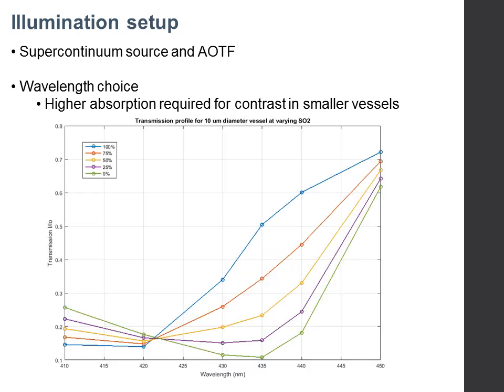So this is an example of a transmission profile of light through a 10 micron diameter vessel for varying oxygen saturations. So we basically can see that even in such small vessels, we can distinguish between different oxygen saturations using these wavelengths.